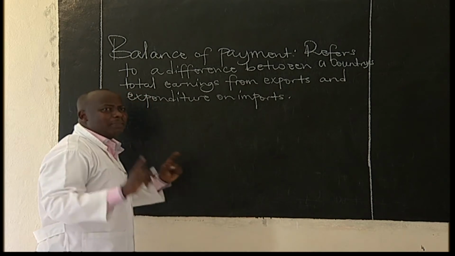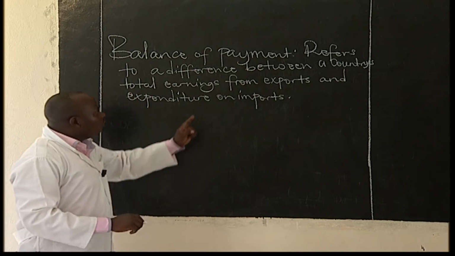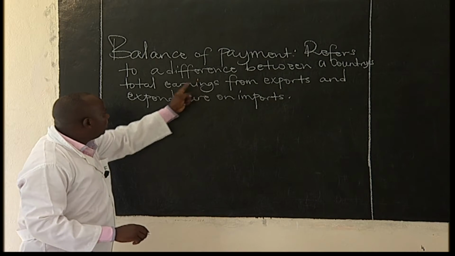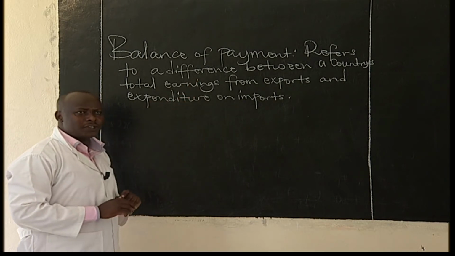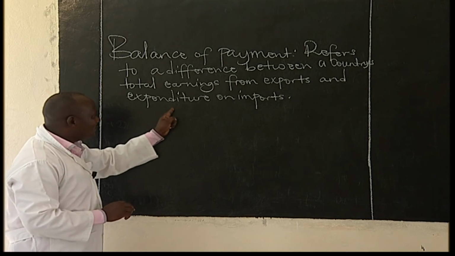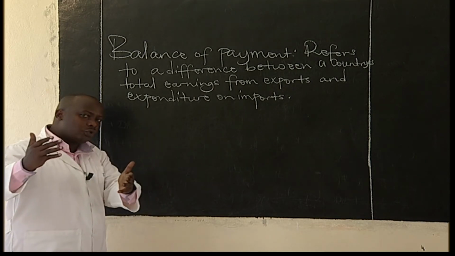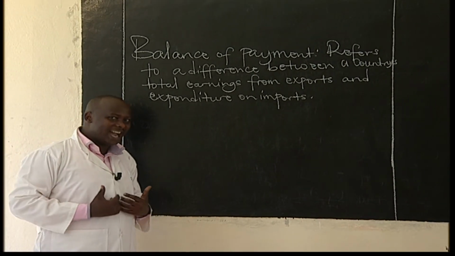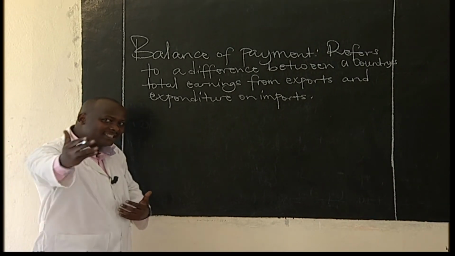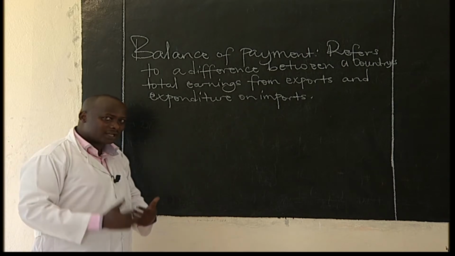Now, how do we determine the balance of payment? We are saying that it is a difference between a country's earnings from exports and expenditure on imports. When we export goods to other countries, we sell them and we generate income. We are earning money through selling goods and services to other countries.